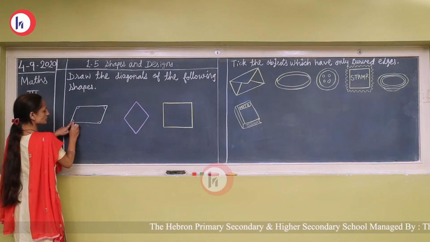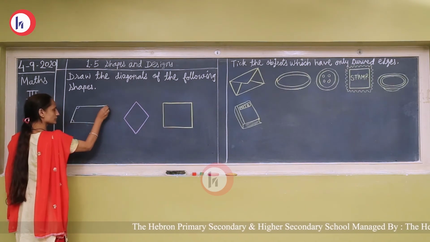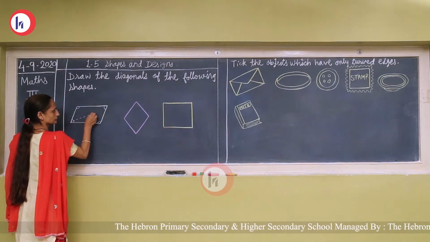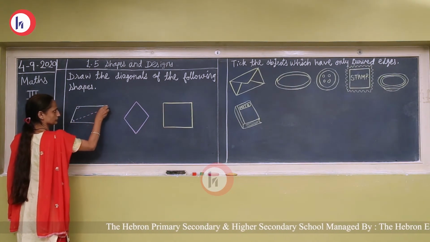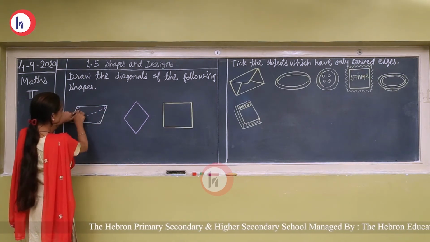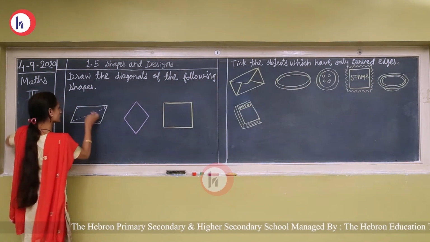Means for this corner, it is an opposite corner. Means dotted line we will draw. And one more, see, for this corner, the opposite corner is this.